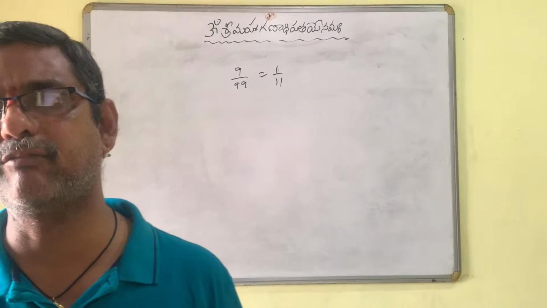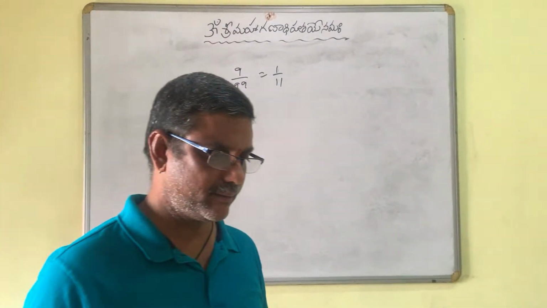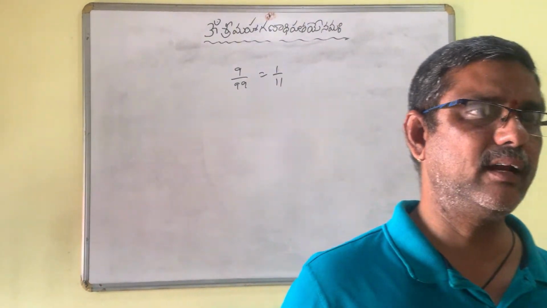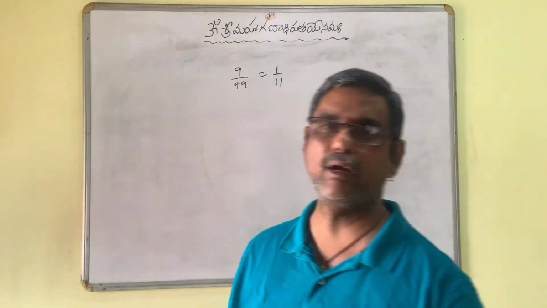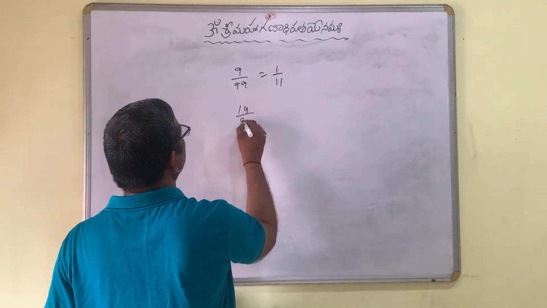Is that right? 13 or 14? 14 total. So answer is 14 by 99.